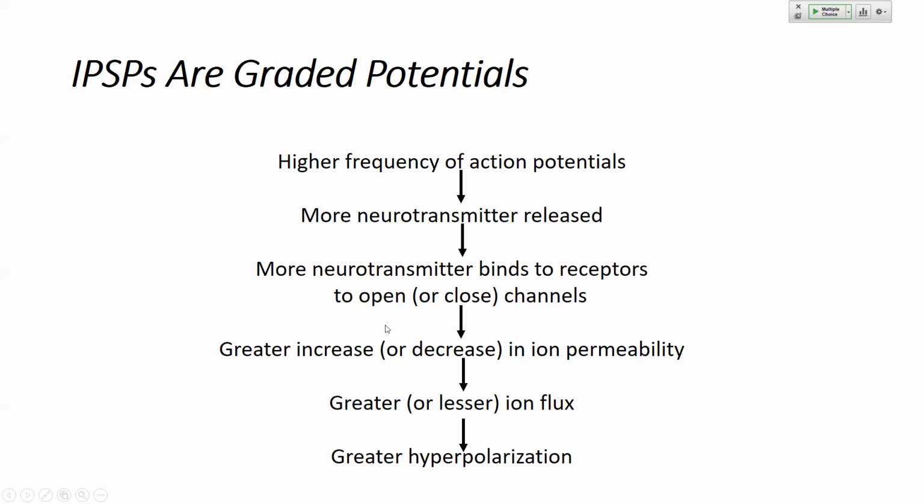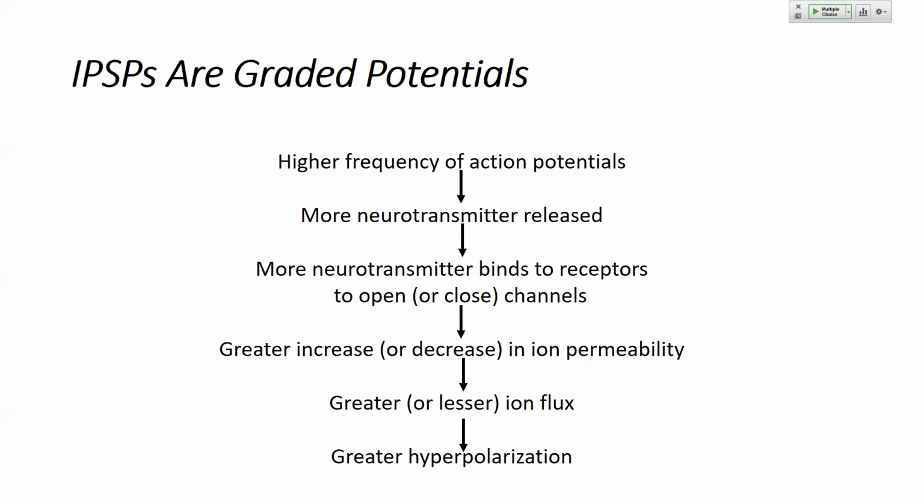This neurotransmitter binds to, let's say it's a potassium channel on the postsynaptic side. Okay, binding to that potassium channel will open up those channels and we'll have potassium being moved out of the cell. Okay. So this basically increases the ion permeability across the membrane. We increase the movement of potassium out of the cell. Okay. And this basically leads to greater hyperpolarization.